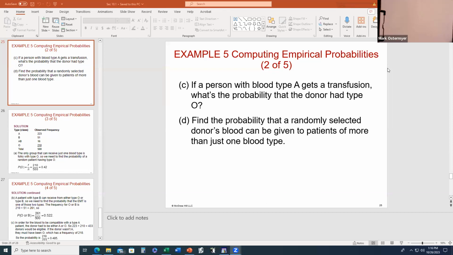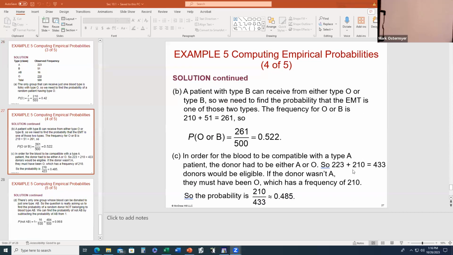Knowing that, of the 433 eligible donors, because there are 223 that have type A and 210 that have type O, what's the probability that they will be of type O? That would be 210 out of 433.